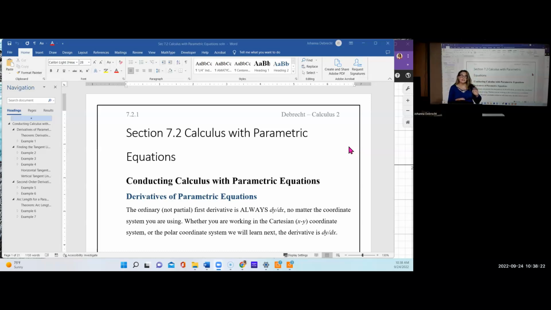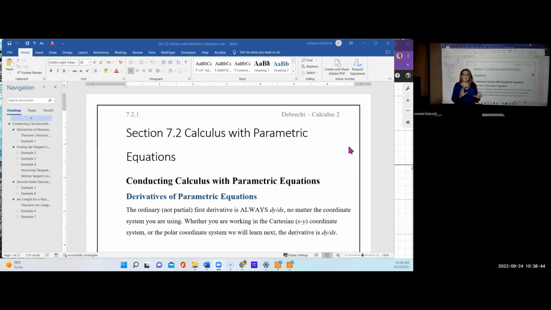So x depends on t, y depends on t, and if we have 3 dimensions, z depends on t. Now we're going to stick to the plane curve today, and remember the plane curve is another way of describing 2-dimensional space, so the flat xy plane. So what we want to talk about is how to do calculus with these parametric equations.